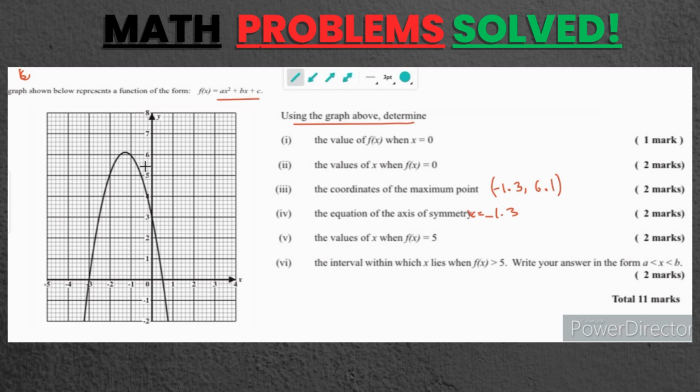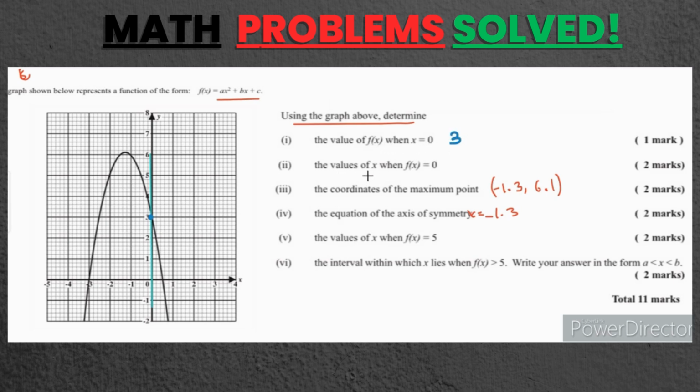We know x equals 0 on this line. And what's the value of the graph here? The graph is touching this line at 3, right? So the value of f(x) when x equals 0 is 3.